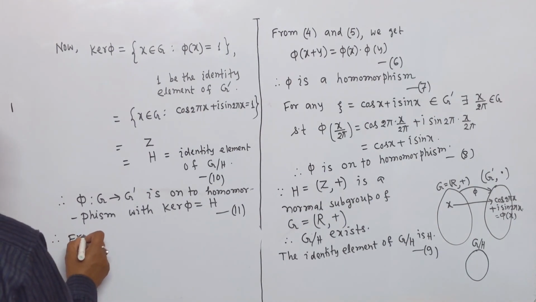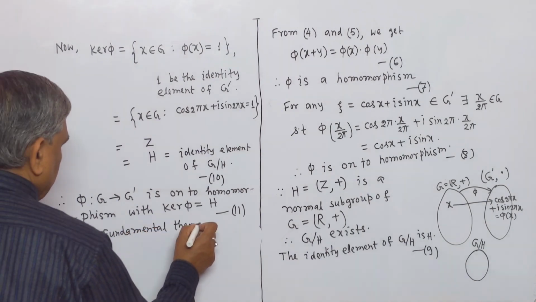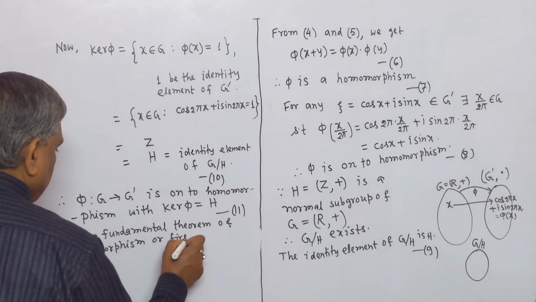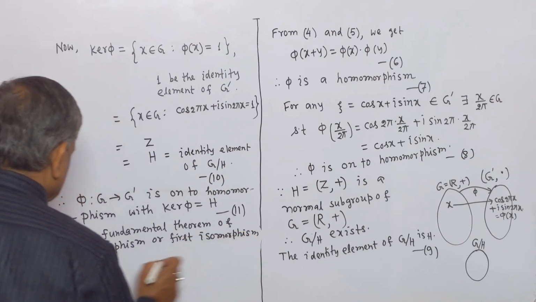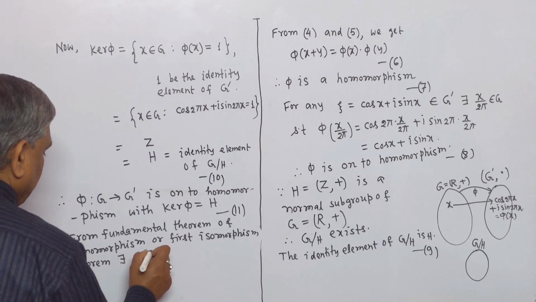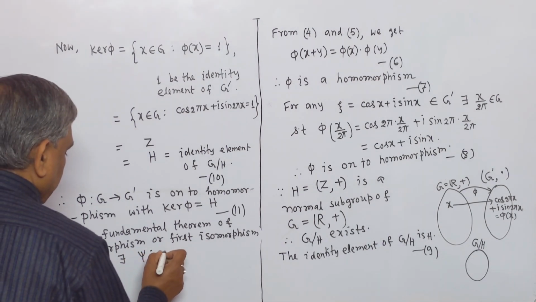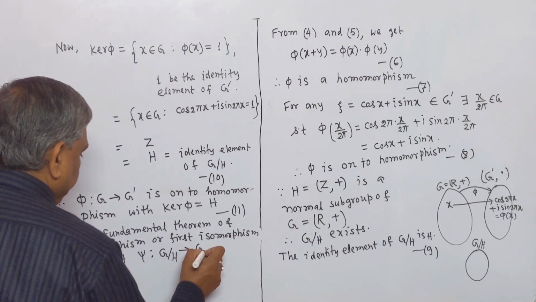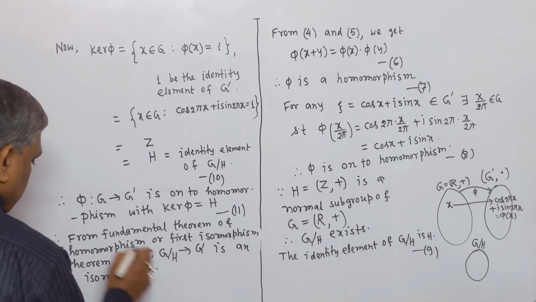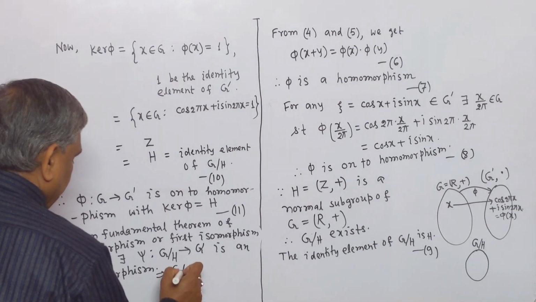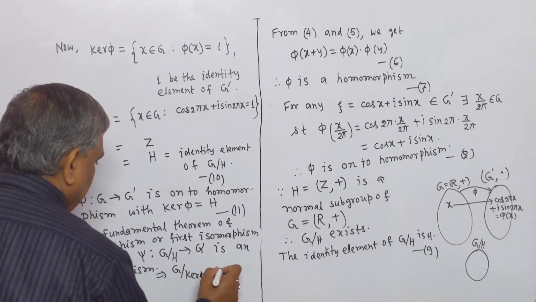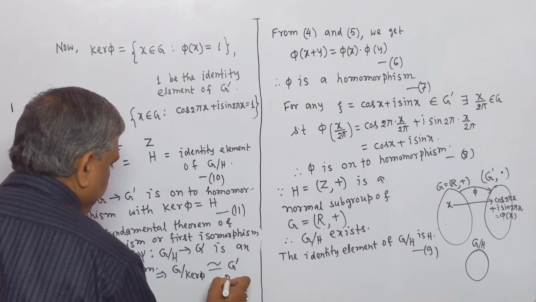Therefore, from fundamental theorem of homomorphism or first isomorphism theorem, there exists psi defined on G by H into G prime is an isomorphism, implies that G by H, means G by kernel phi, is isomorphic to G prime. Proved.